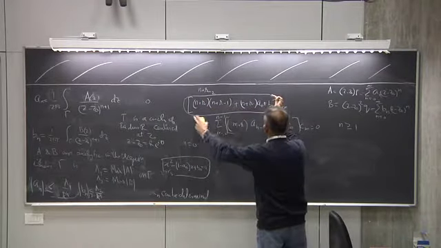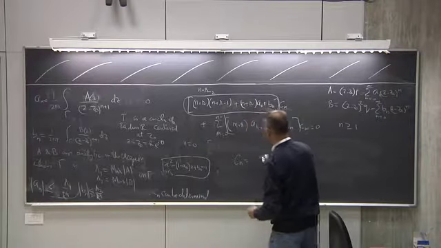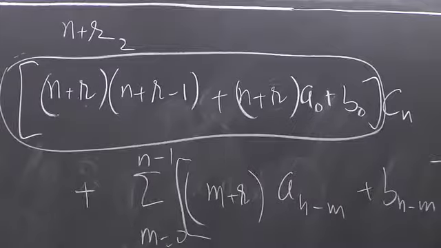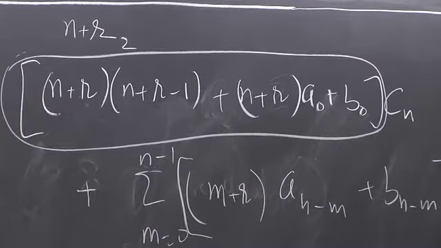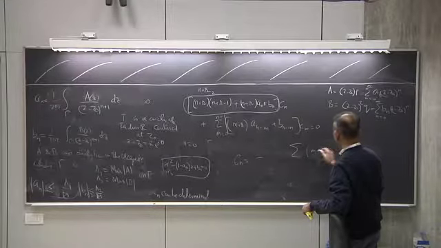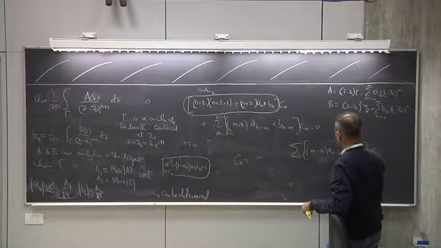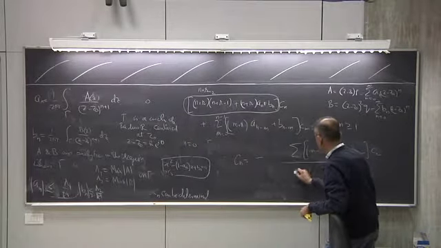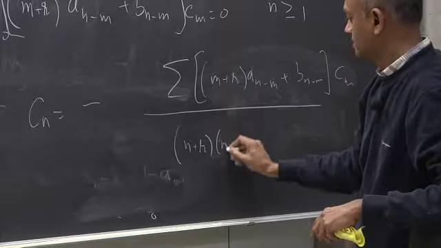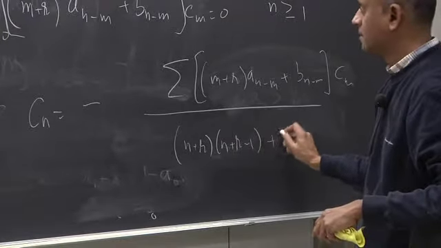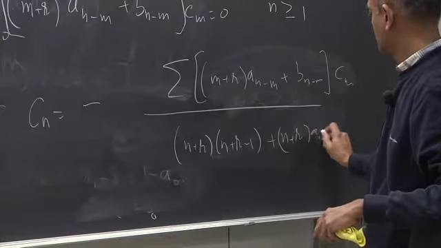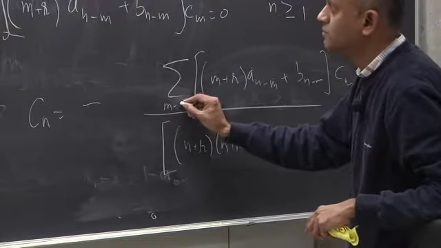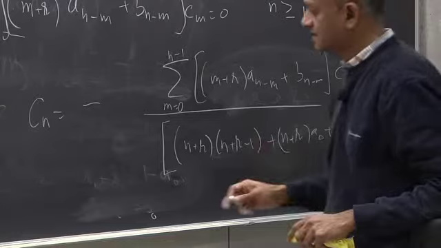So Cn from this equation is minus, taking all of this to the other side, the sum of m plus r, a n minus m plus bn minus m, Cm, divided by this quantity. This sum goes from m equal to 0 to n minus 1. So this is the Cn.